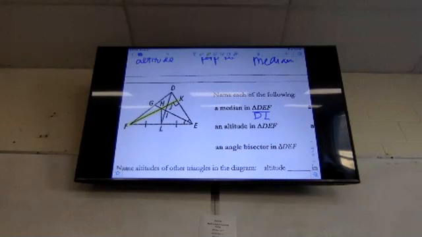Good. And altitude is 90-degree angle and what other thing? Vertex. So F is a vertex. F is one of the corners of the triangle DEF, and then K is the 90-degree angle.